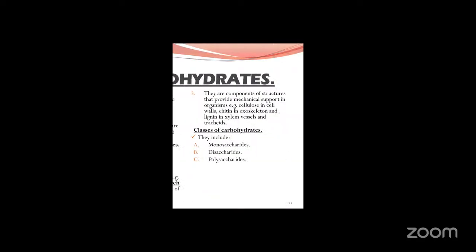The other importance of carbohydrates is that they are components of structures that provide mechanical support in organisms. If I take you back to when we were introducing biology, we said that an animal cell and a plant cell are different because a plant cell has a structure known as a cell wall.